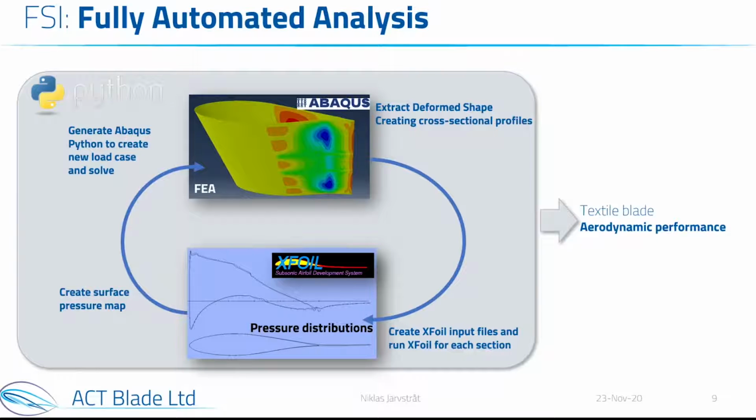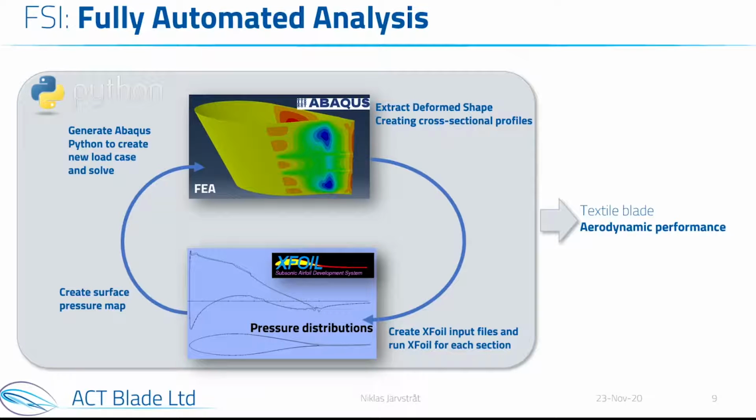The initial run through the FEA will be to apply the initial tension or pre-tension to the textile, so to get it into a tension state before we then take that deformed shape, run it through Xfoil to get the aerodynamic pressure distribution on this tension shape, and then we apply that as a surface pressure map through Abaqus again, creating Python scripts on the fly with other Python, calling Abaqus through the CAE system to run the script to generate a new model and then to run that simulation.